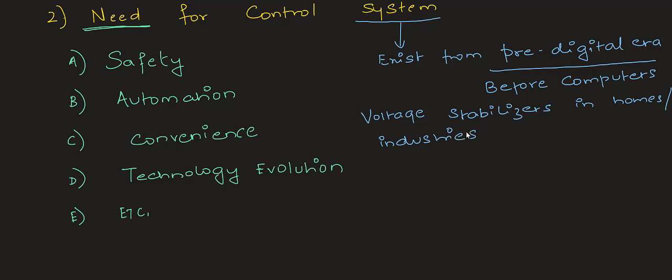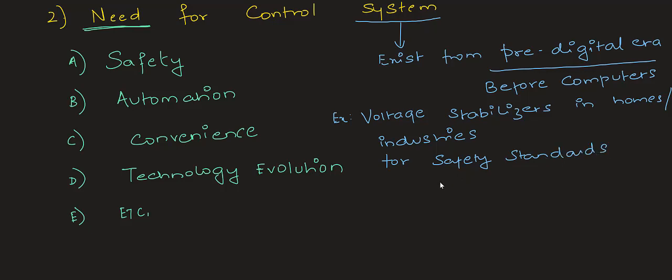So this subject, like I said earlier, is an analog control system. The automation we are talking about is for making things run by itself, or making routine tasks take place on their own without user intervention.